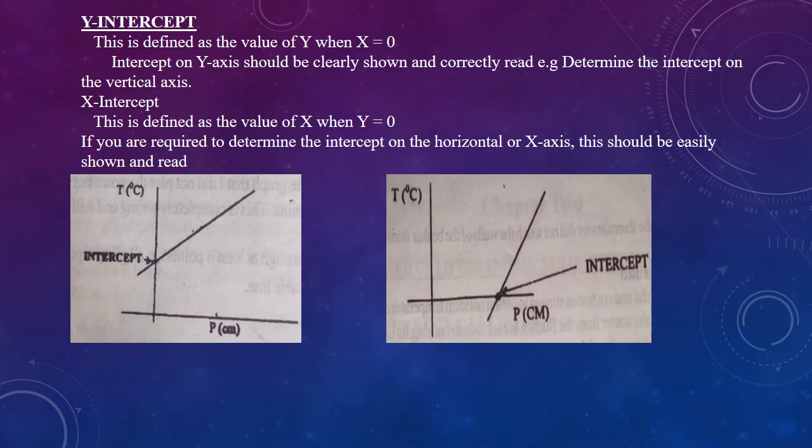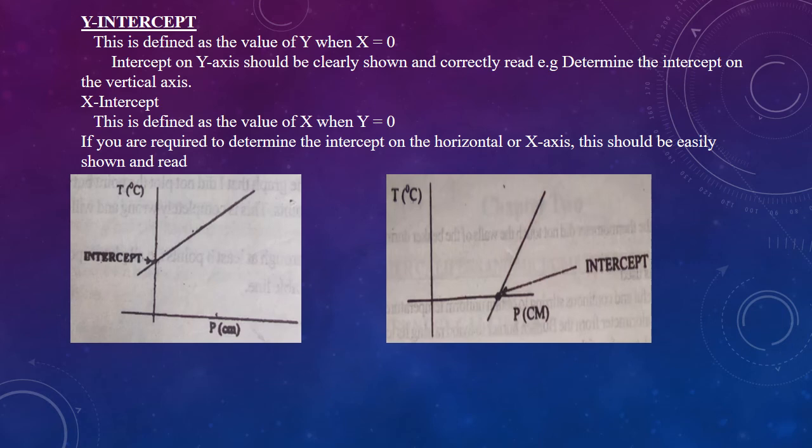There are cases when students are expected to determine the intercept on their graphs. And what do we mean by that? We notice that in drawing a straight line, most times, instead of the straight line passing through the origin, it cuts either axis of the graph, the y-axis or the x-axis.